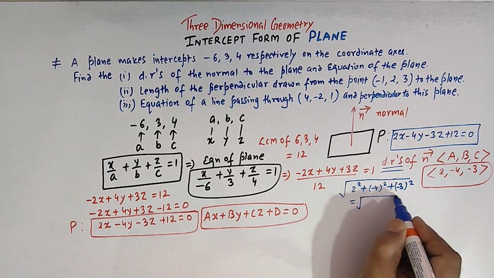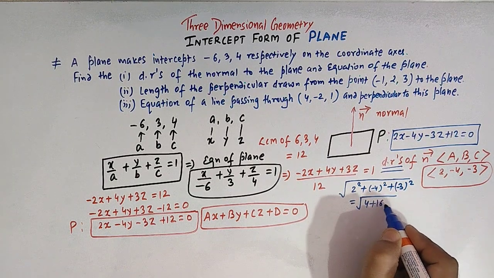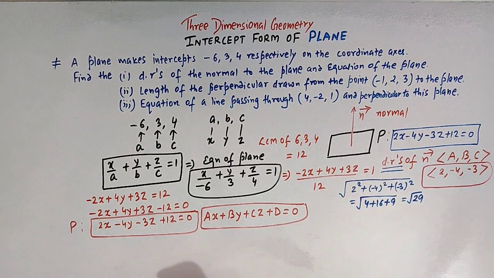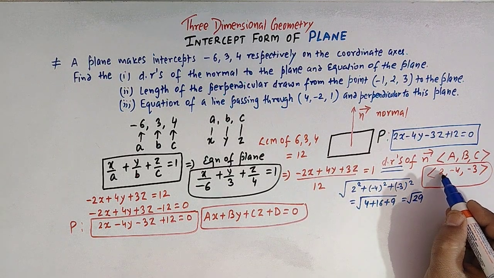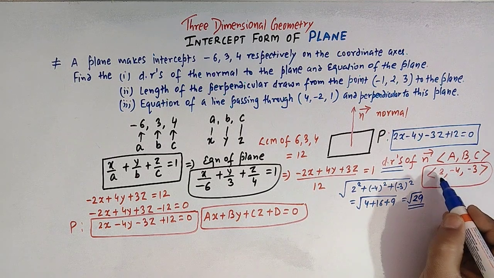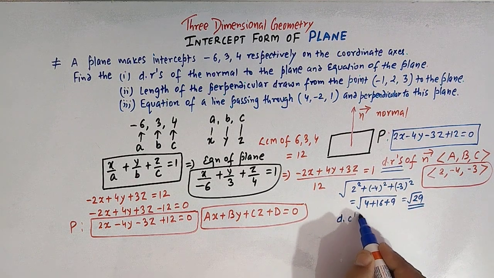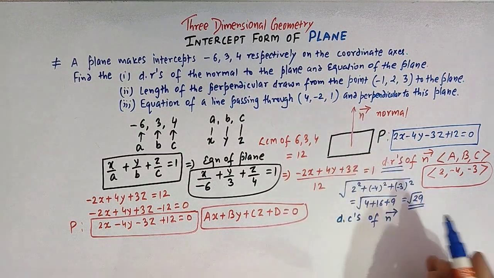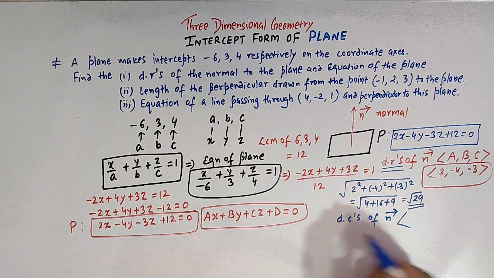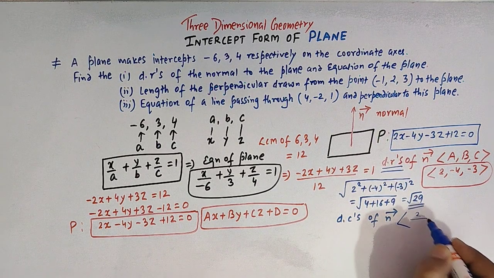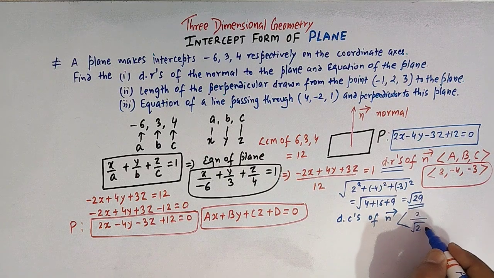So this is the square root of 4 plus 16 plus 9, that is the square root of 29. And then we divide these three numbers by this quantity to get the direction cosines of the normal vector n. So the direction cosines of this normal vector are given by 2 divided by square root of 29.